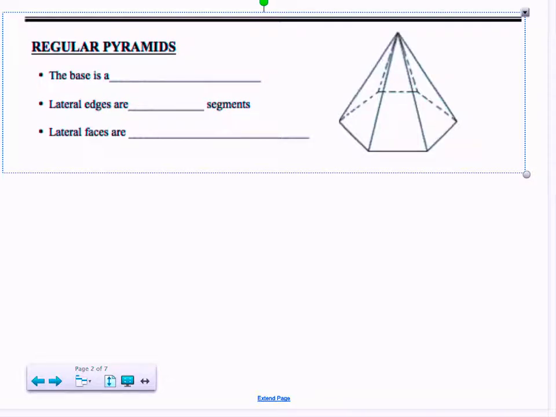Now, a majority of our time is going to be spent dealing with things that are called regular pyramids. So why is it called a regular pyramid? The reason is the base is a regular polygon. If you remember what that means, all sides and all angles are congruent in a regular polygon.